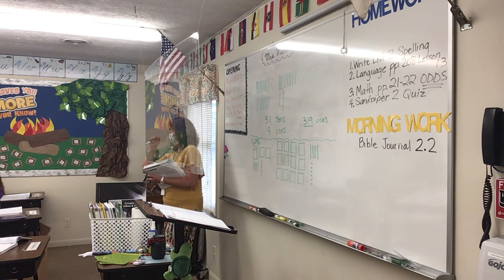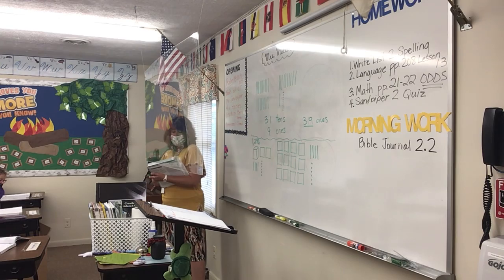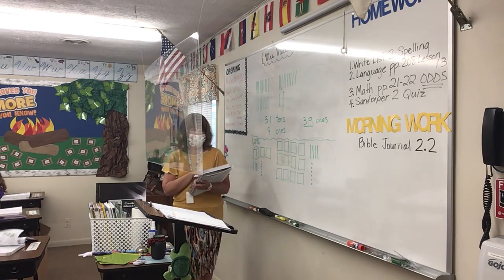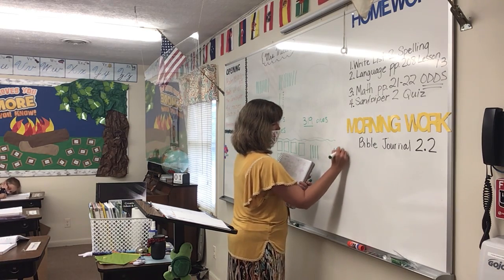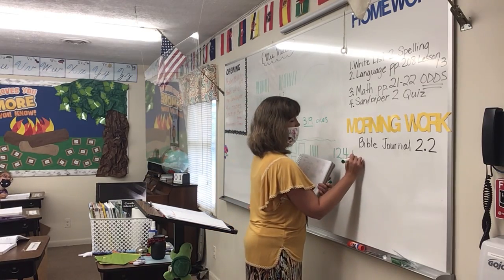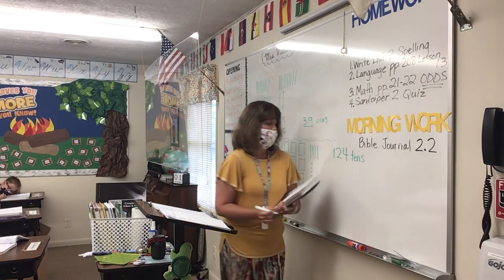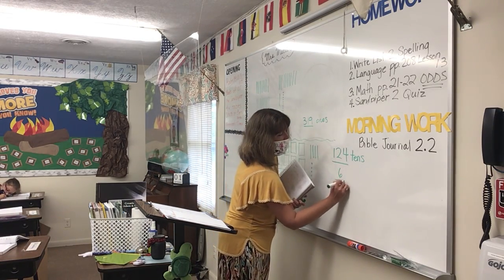I'm guessing 120. Close. 124. So basically, you're just taking the thousands, hundreds, and tens place, and each one is going to represent tens. Okay, so 124 tens, and then how many ones? 6 ones.